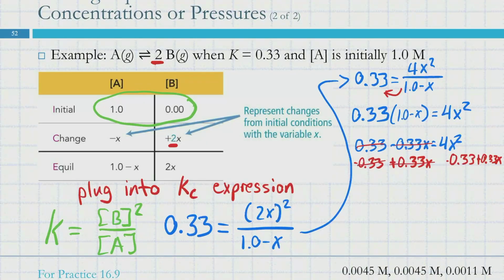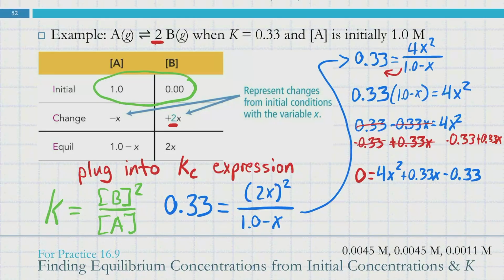So moving everything from the left side to the right side, we get 0 equals 4x squared plus 0.33x minus 0.33. Who remembers how to solve for x here? Yeah, we get to use the quadratic equation. Isn't that fun?